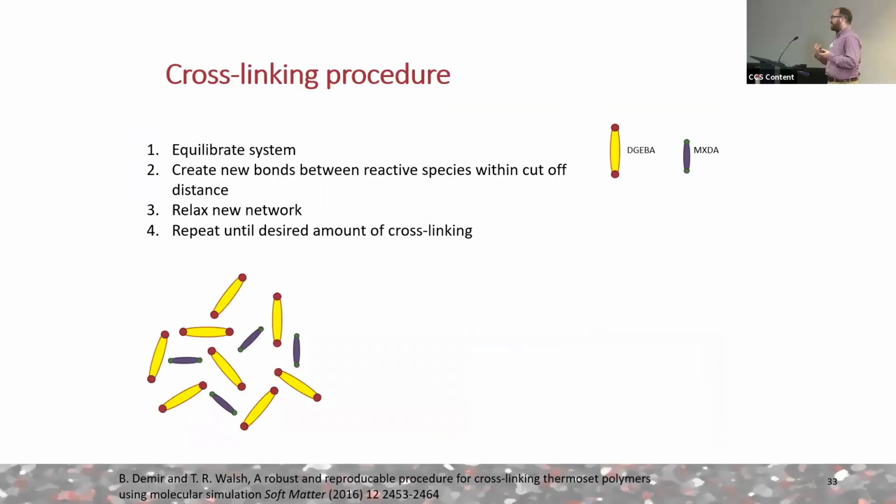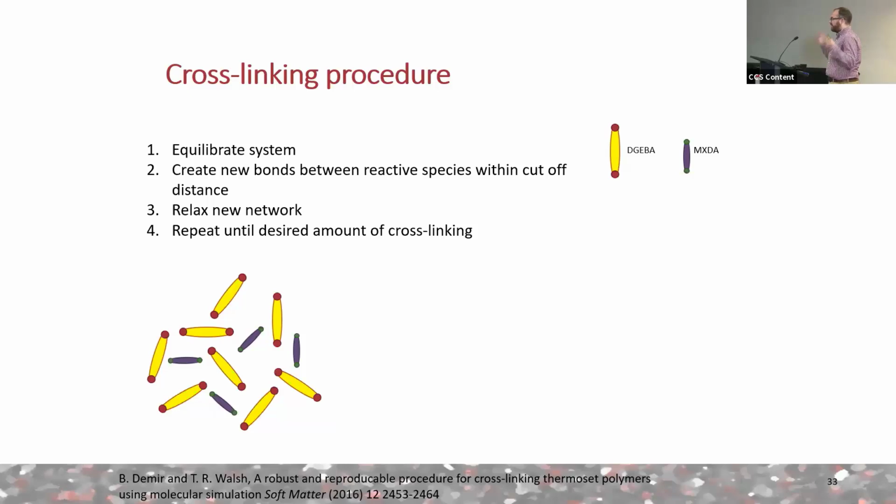Forming single molecules like water is trivial, but when we want to consider these three-dimensional networks, it's really difficult to do at an atomistic level. So I'm just going to talk through the procedure of how I make my cross-linked resin. I have my two molecules: DGEBA, shown here in yellow with the red dots, which are the active sites, and MXDA, which is purple with green dots.